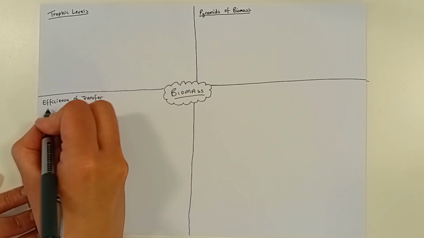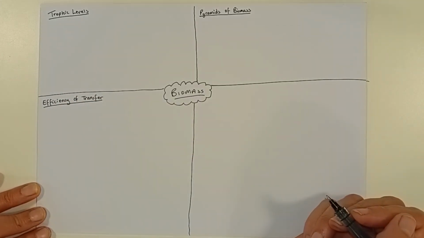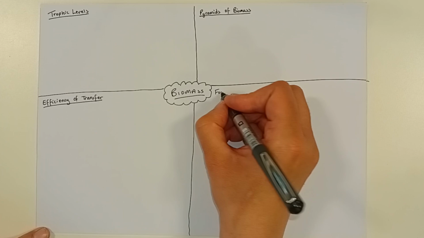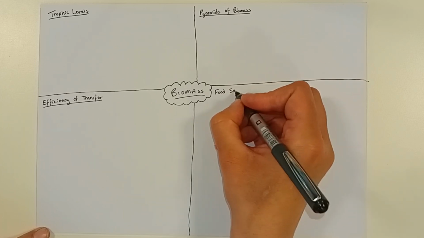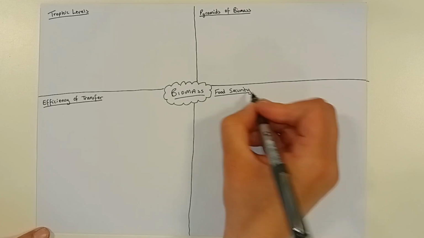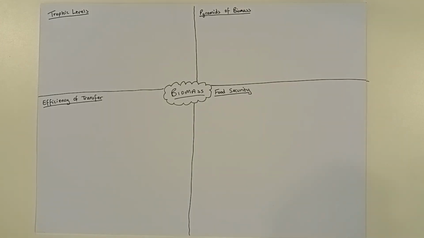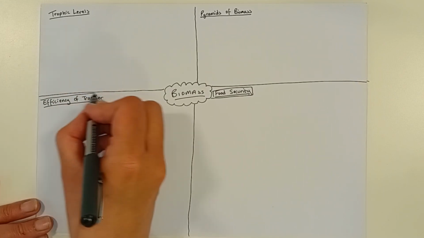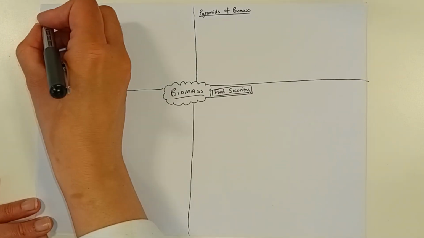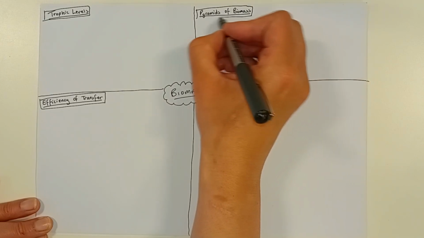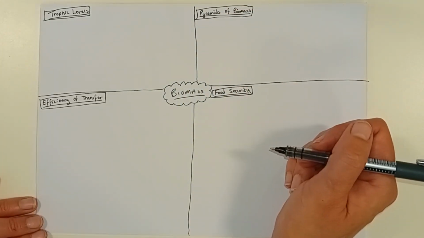So the efficiency of transfer. And lastly, we're going to be thinking about food security. That doesn't mean locking your food up. It means making sure you've got enough food to feed a population. Just draw boxes around each of those. Let's get started then.